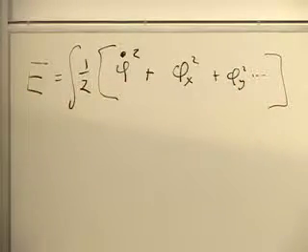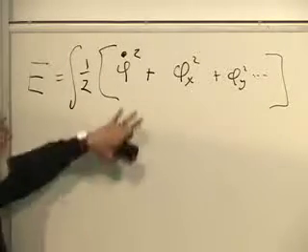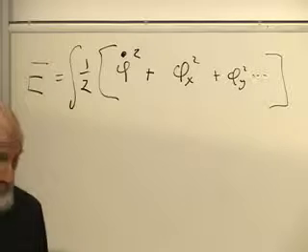In other words, it's the sum of the square of the time derivative and the space derivatives. That's the total energy. Notice that it's always positive or 0.